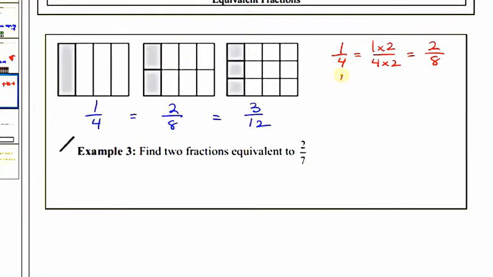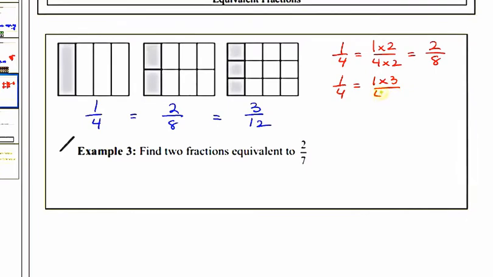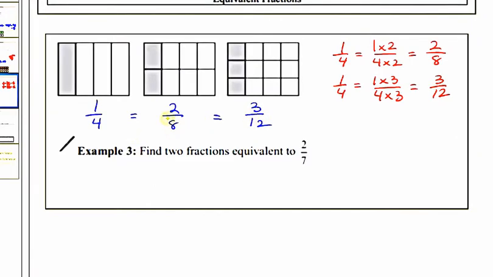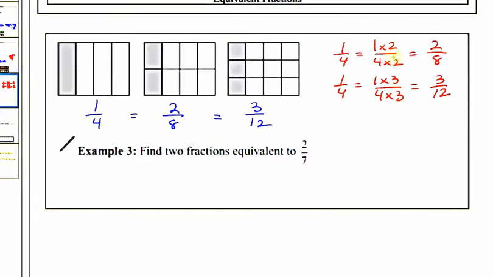If we multiplied 1/4 by 3 over 3, or multiplied both the numerator and denominator by 3, notice how we'd have 3/12, our second equivalent fraction to 1/4. By multiplying by 2 over 2 or 3 over 3, we're simply multiplying by 1 but changing the form of the fraction.